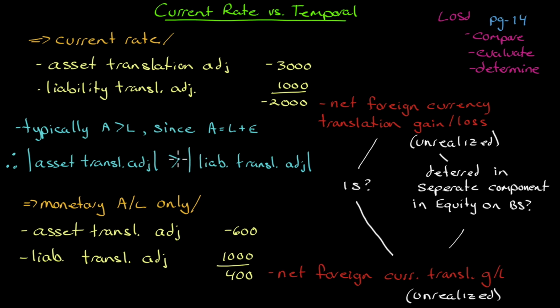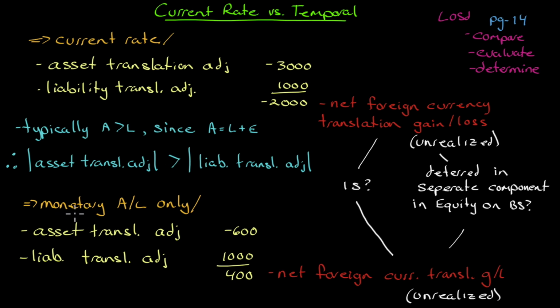Underlining this whole section is that theme: to determine, does our subsidiary or does our method of translation result in a net asset balance sheet exposure or a net liability balance sheet exposure? So let's just pay attention to these little things we're doing here.